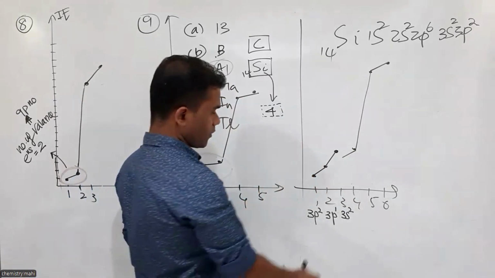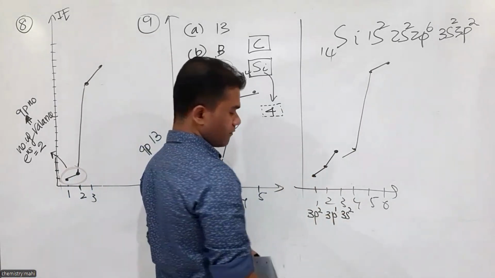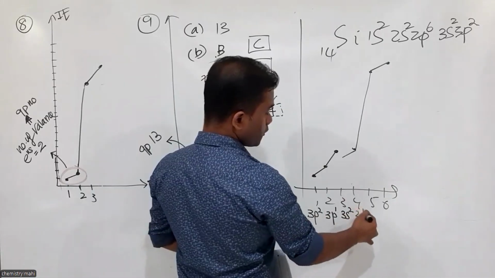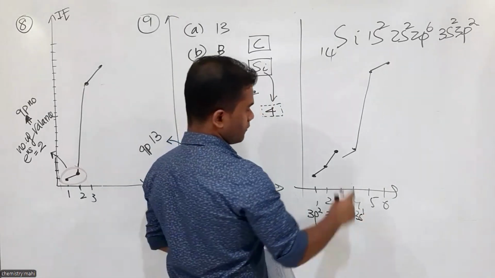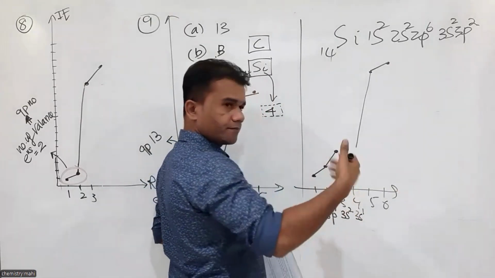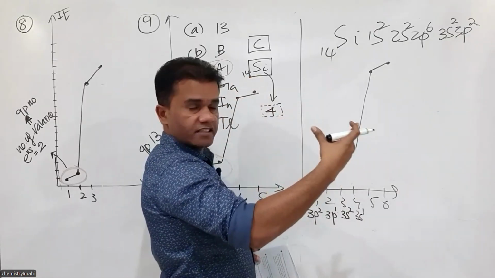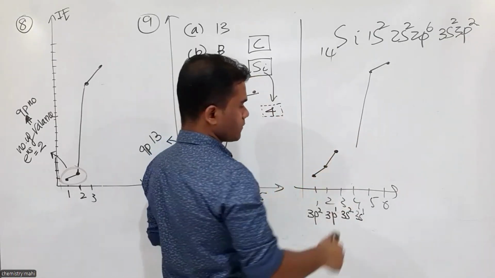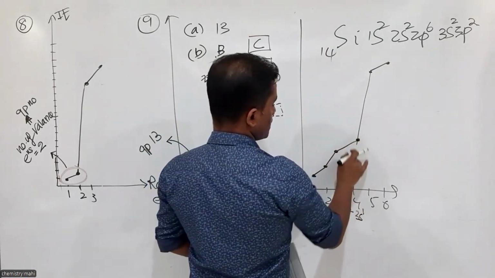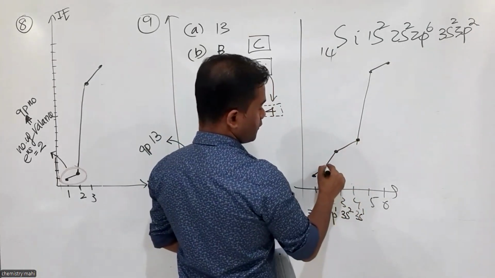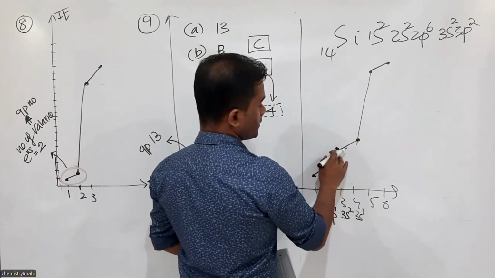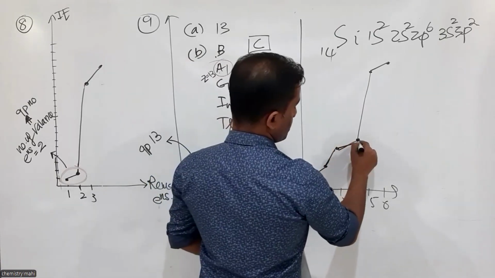Why? You know the reason? Because the third electron is removed from a stable configuration. Thereafter, you remove the fourth electron from 3s1. Therefore, it increases because nuclear attraction per electron increases and the size of the electron cloud decreases. Because of that, it increases, but not like this gap. Therefore, this gap should be quite large compared to the other gaps.